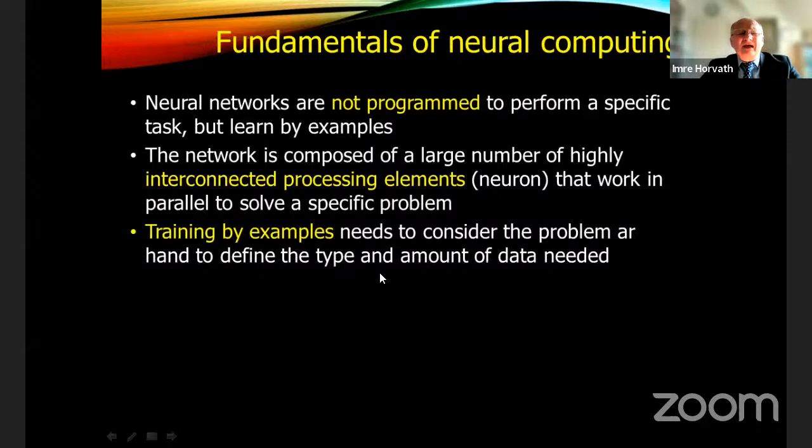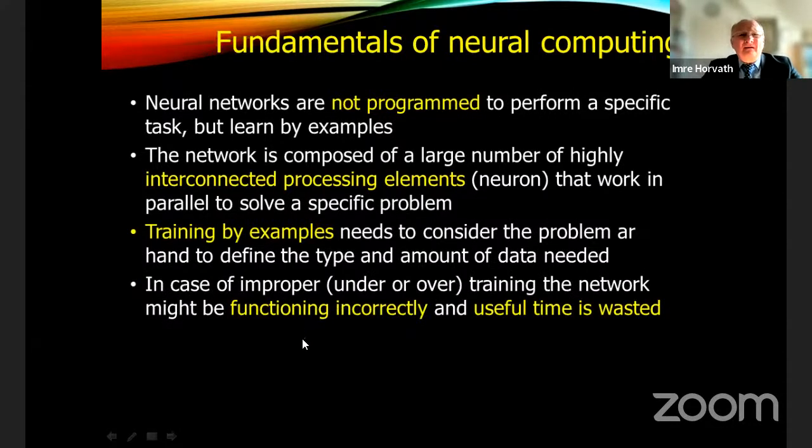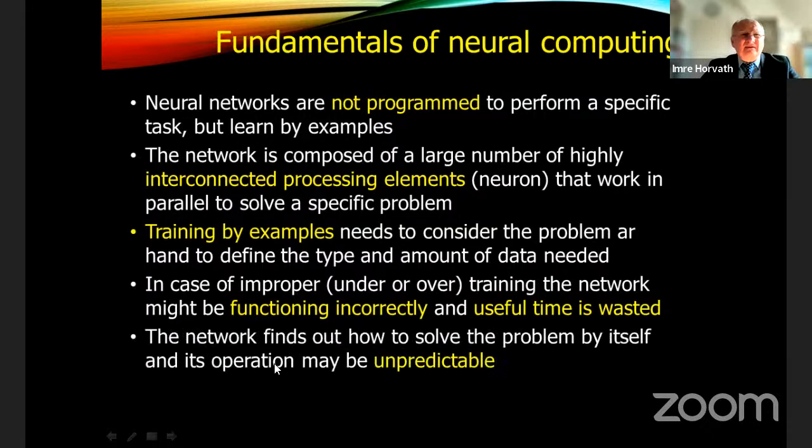It always depends on the problem and the available and providable set of data. In case of improper, under or overtraining, the network might be functioning incorrectly and useful time may be wasted, for the reason that obviously then the data should be modified or even the neural network should be adapted.